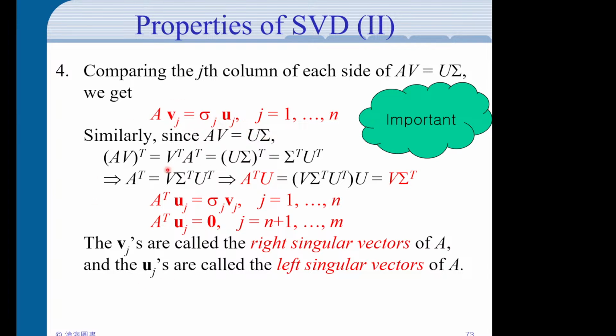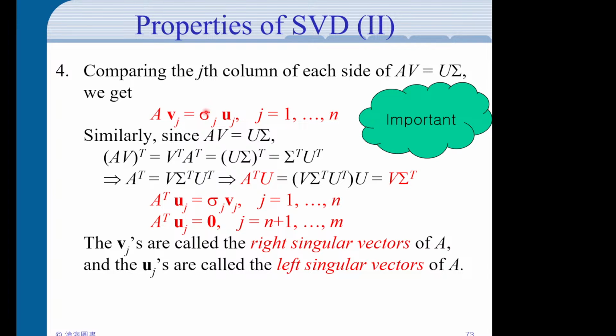This is like the eigenvector equation for singular values, and that's why the v_j's are called right singular vectors and the u's are called left singular vectors. So A takes the right singular vector and turns it into the left singular vector, multiplying by a singular value.